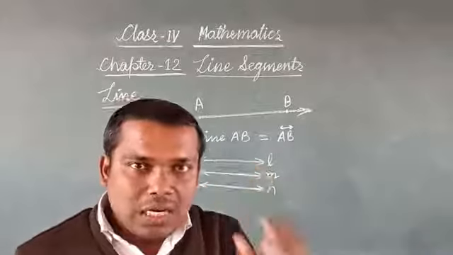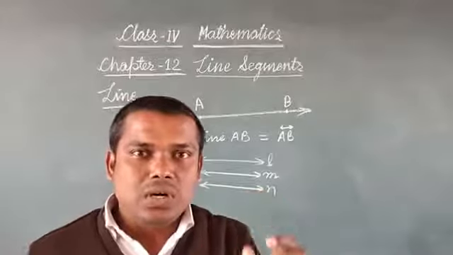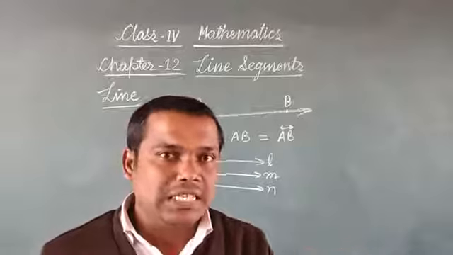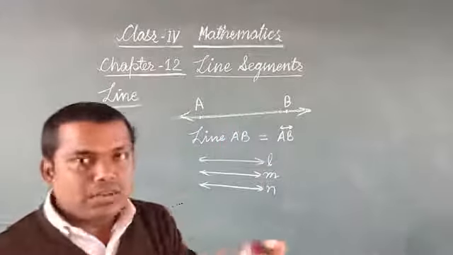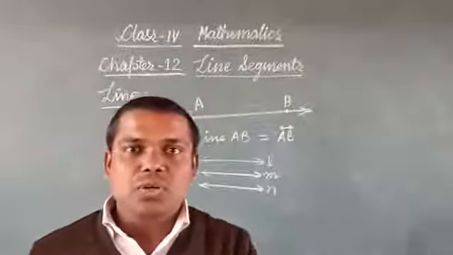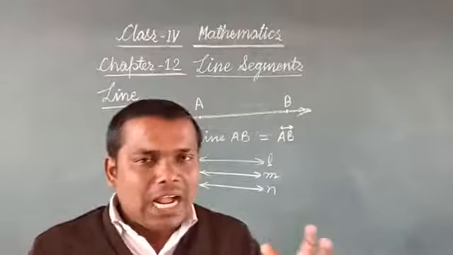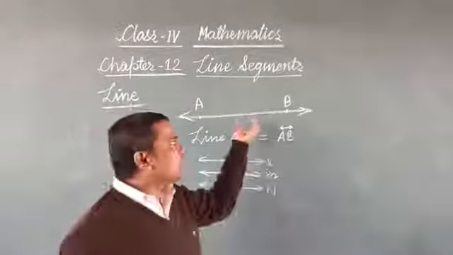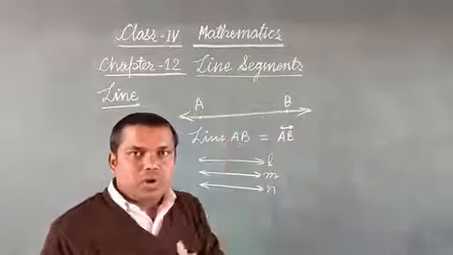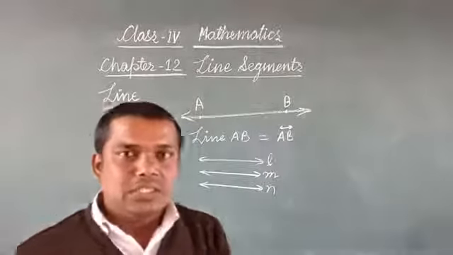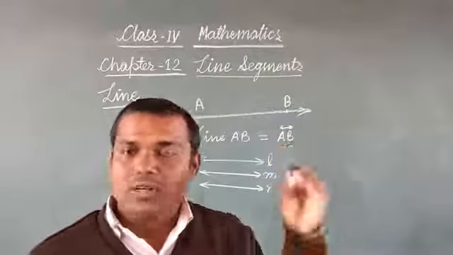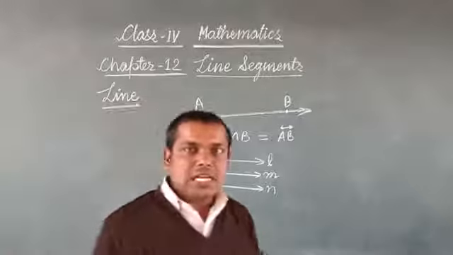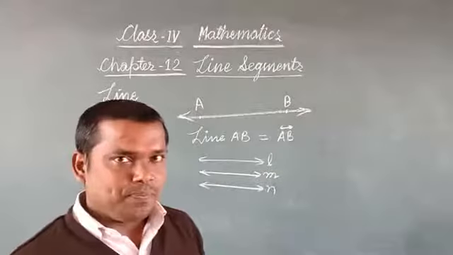Now, a line does not have fixed length. It has length but it is not fixed. So it cannot be drawn on a piece of paper. Actually, we draw the diagram for our understanding, but it is not easy to construct or draw a line on a piece of paper since its length is not fixed.